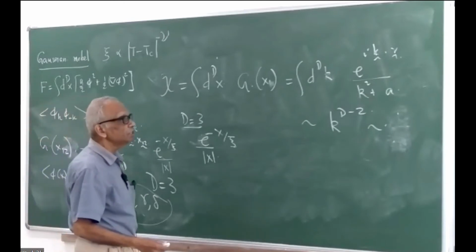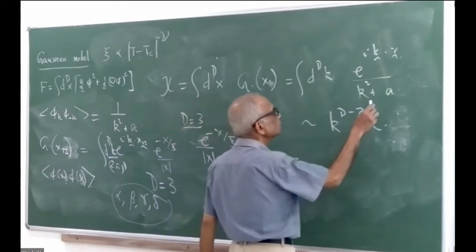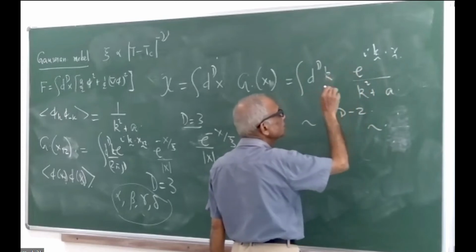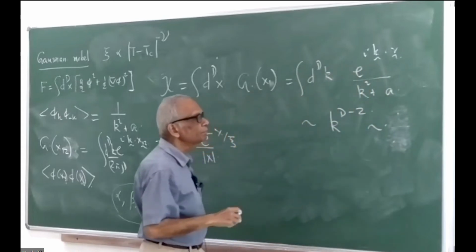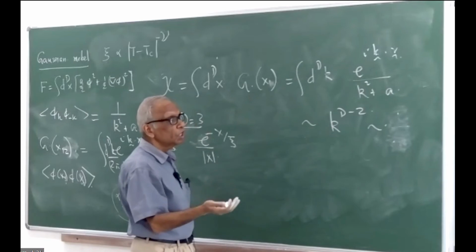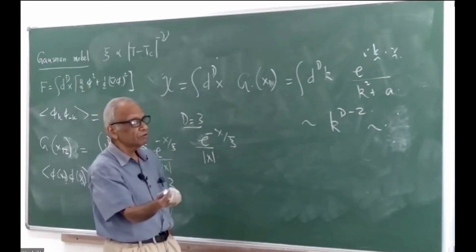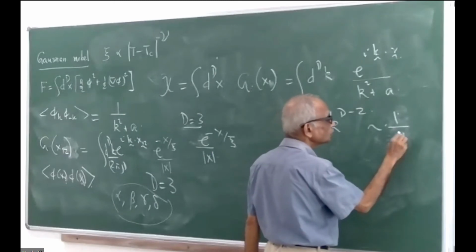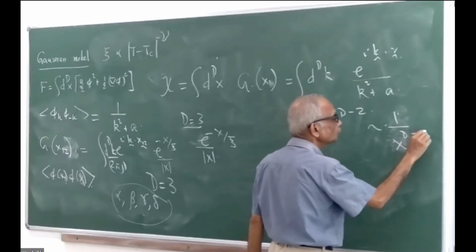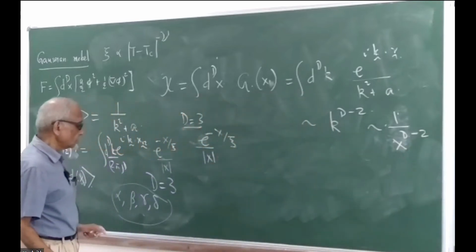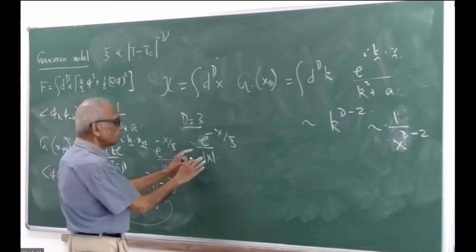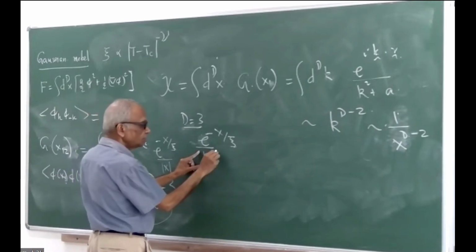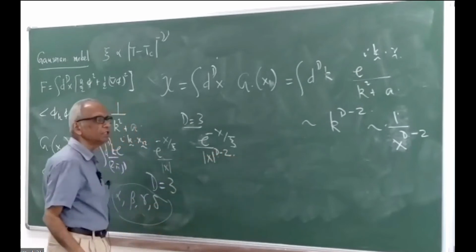So when you do this integration over the dimension, it is d to the k to the power d minus 2. K has the dimension of 1 over x, so it is 1 over x to the power d minus 2. So the e to the power mod x which you have for d equal to 3 would go to d minus 2.